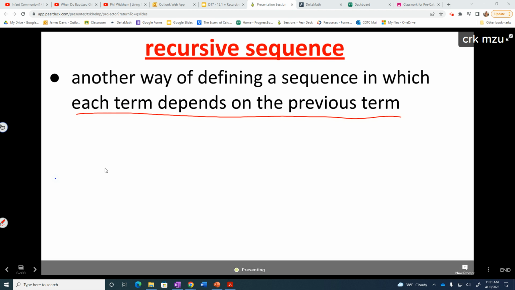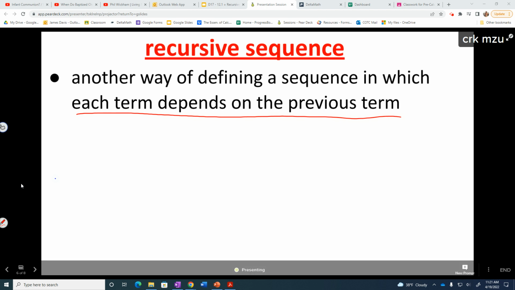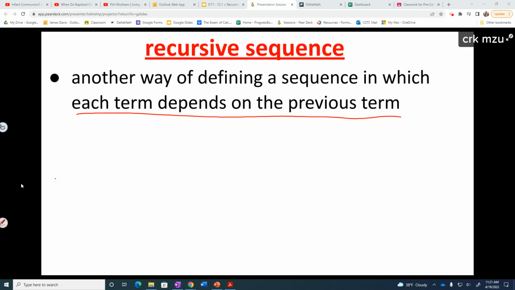There's lots of different types of sequences. We'll see some more in the next section, arithmetic and geometric sequences, and summations. They all have the same idea, we just define them a bit differently.